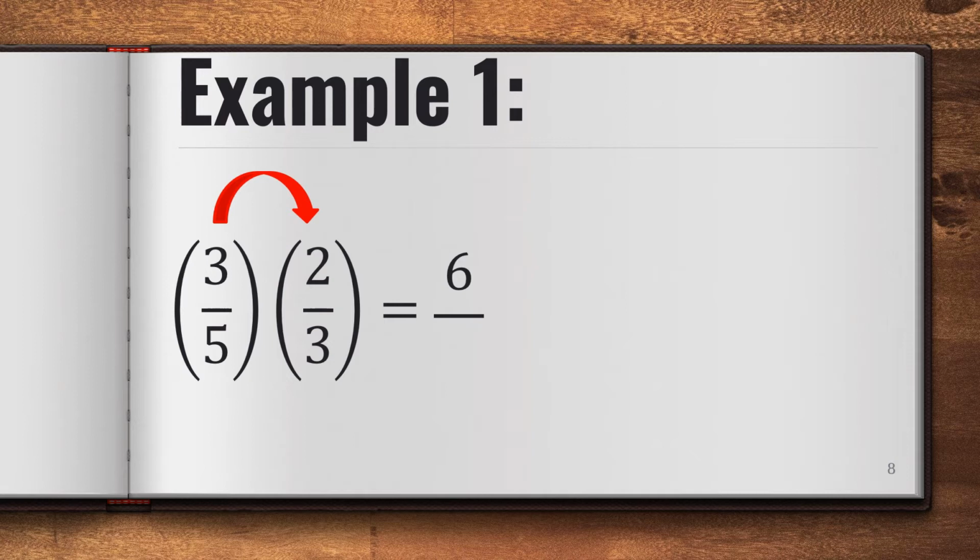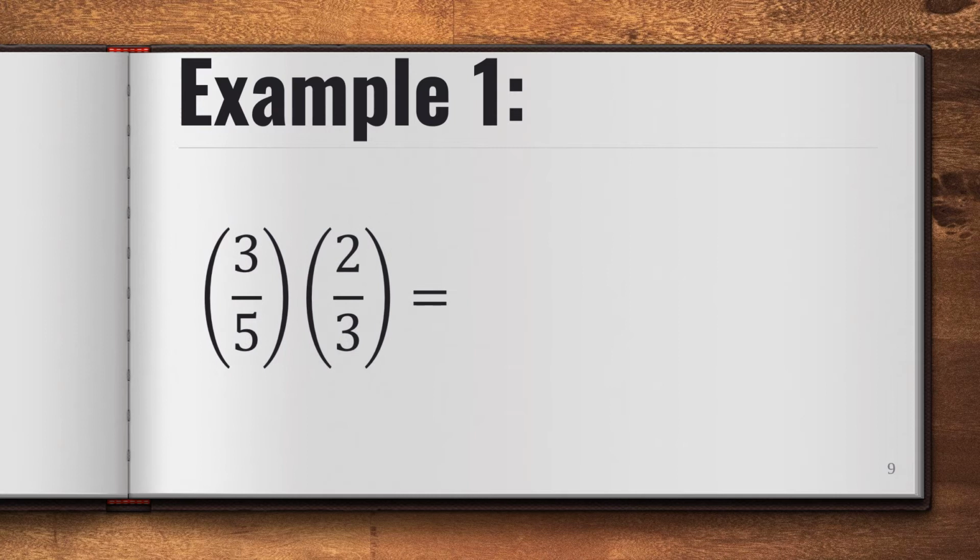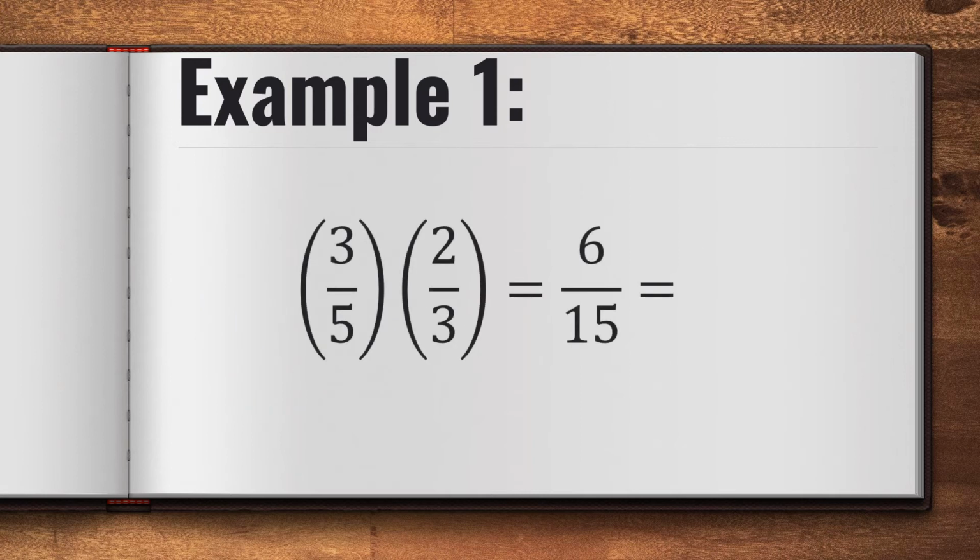After multiplying the two numerators, we will now multiply the two denominators. So 5 times 3, the answer is 15. Therefore, the answer is 6 over 15. Do you think 6 over 15 is in its simplest form?